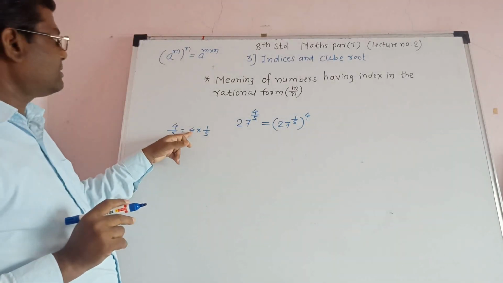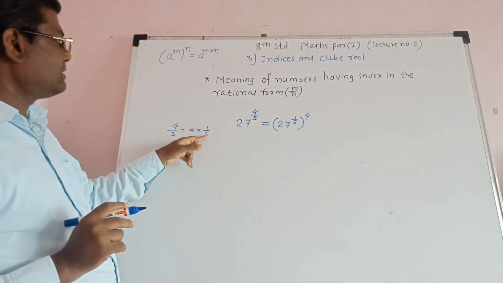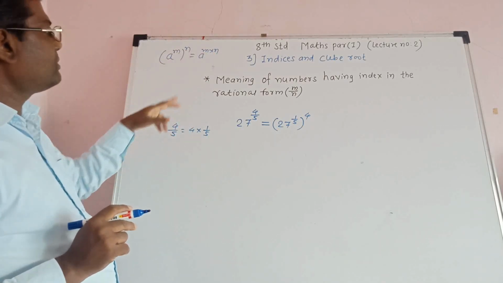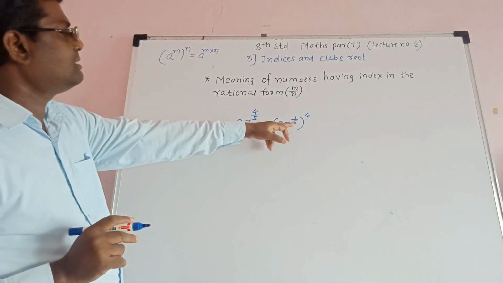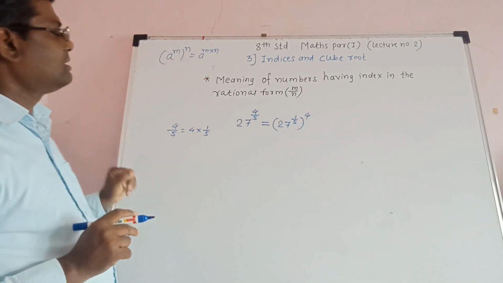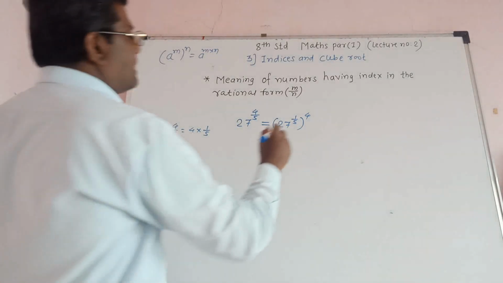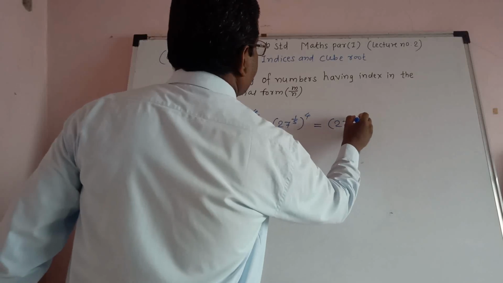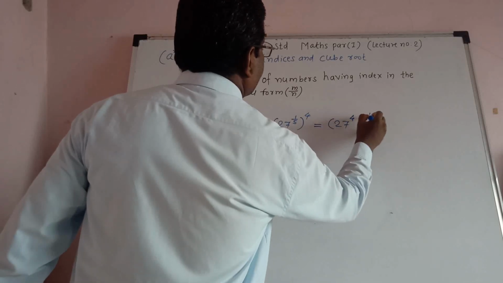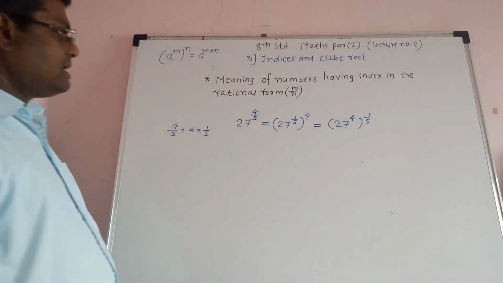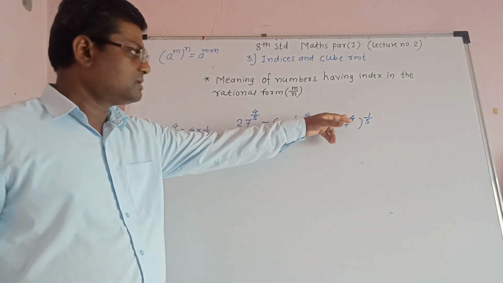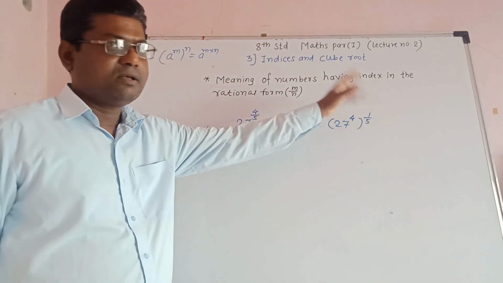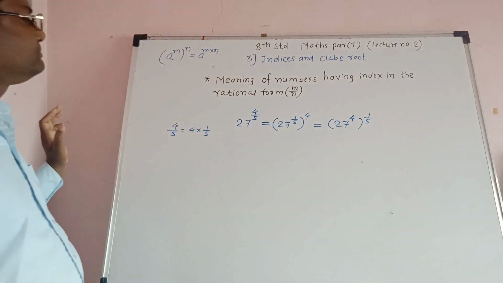So suppose this is m and this is n, then it will be a raised to m into n, and this also can be written as 27 raised to 4 raised to 1 upon 5. We have taken 4 first as a power and 1 upon 5 as the bracket's power.